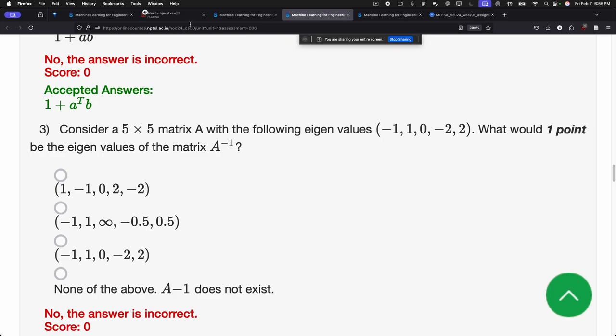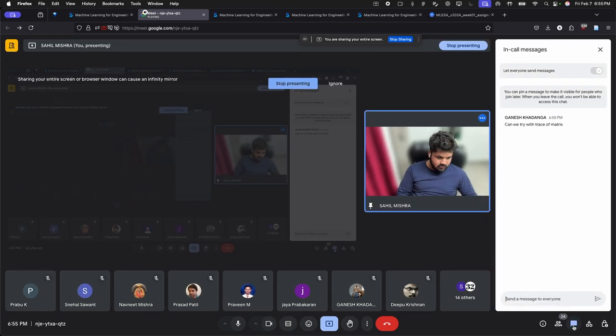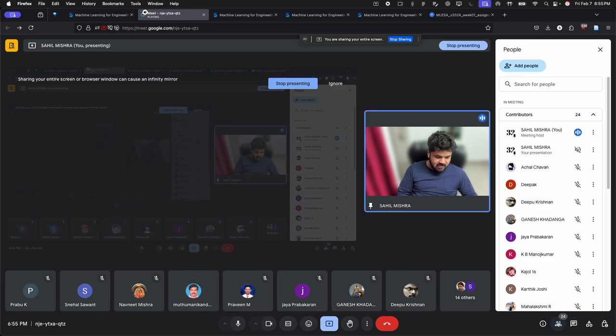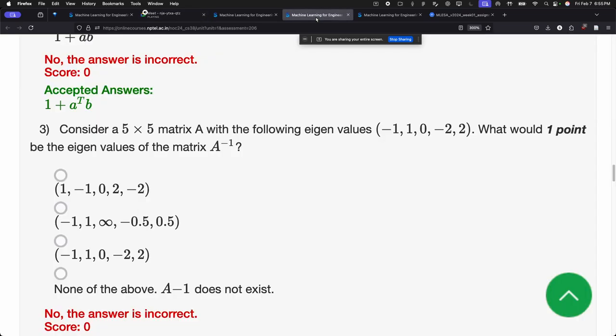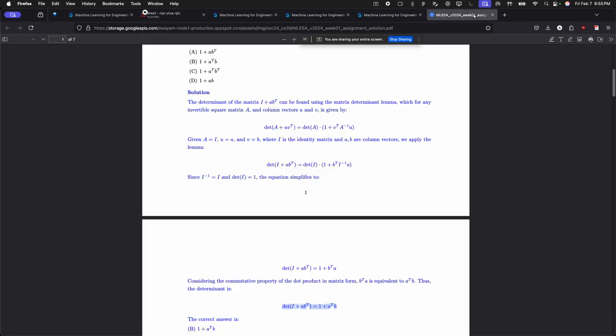Okay. Any idea? Somebody wrote something. Let's see the answer. Actually, I cannot share my screen and connect my iPad, both things together. So I'm just reading out loud from here.